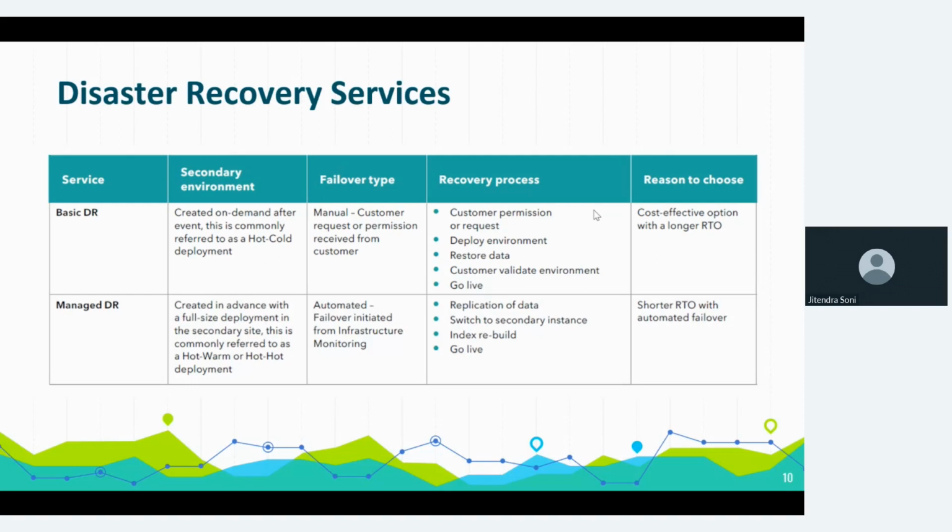Then if one set of resources goes down, your traffic manager, which is sitting on both the primary and secondary resources, will start pointing to the secondary resources. So it has a much shorter RTO because you don't need to deploy it again. You don't need to perform all the manual activities. It's a fully automated kind of thing. So these are the basic concepts.